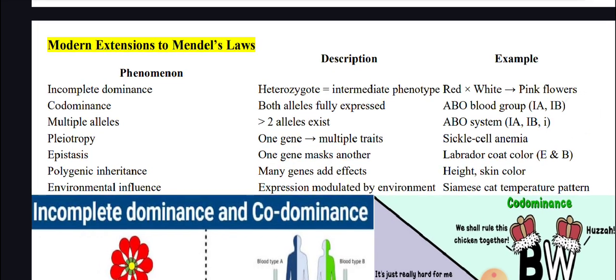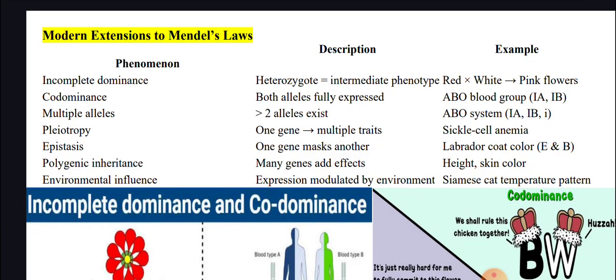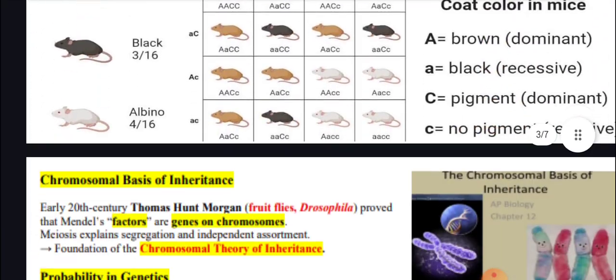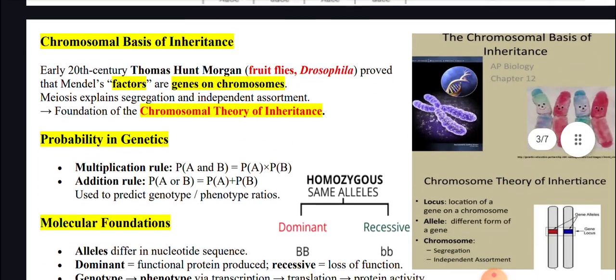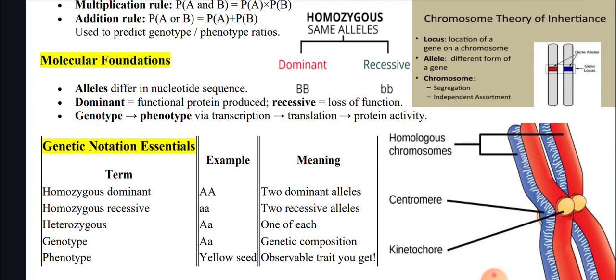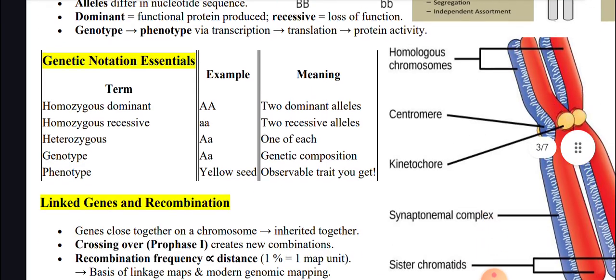Okay, so we have Mendel's basic rules. We have these complexities like incomplete dominance, codominance, epistasis, polygenic traits, and the environment weaving through it all. But how did we make the huge leap from Mendel's abstract factors, these statistical units, to knowing they were actual physical things on chromosomes? That connection was a major breakthrough in the early 20th century.